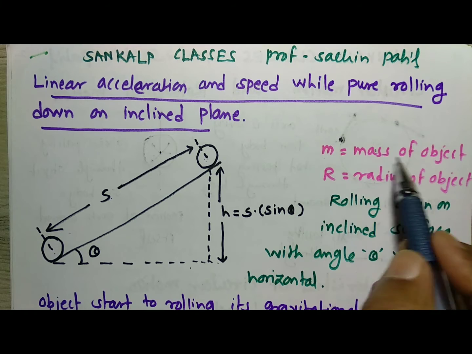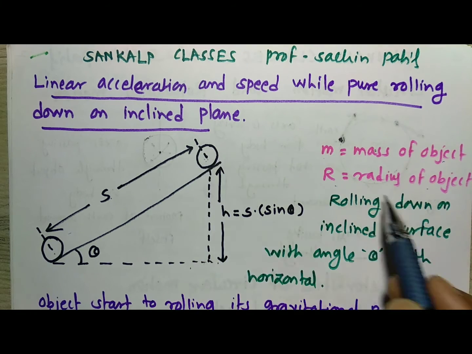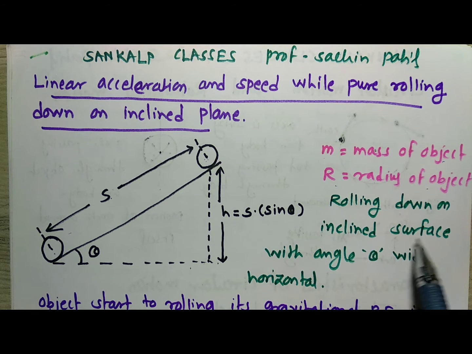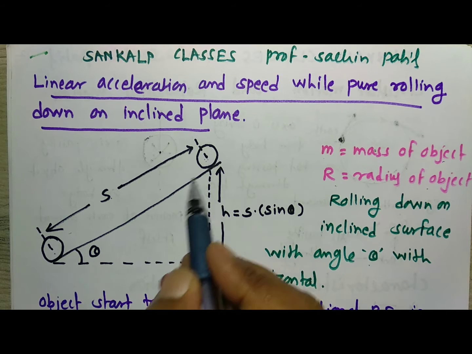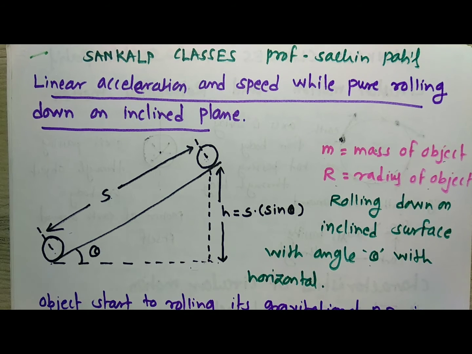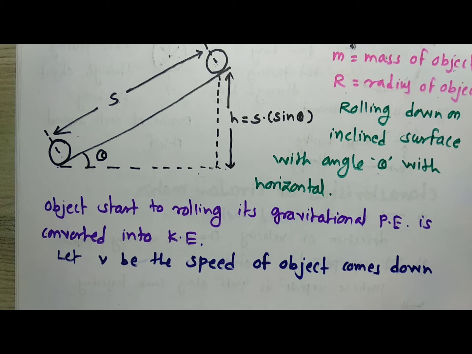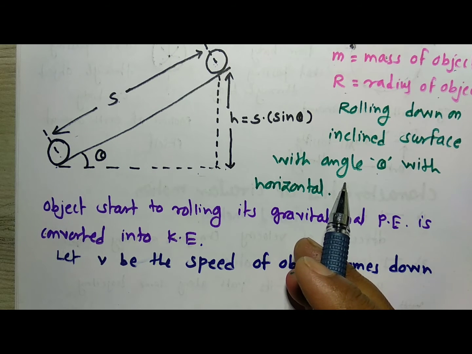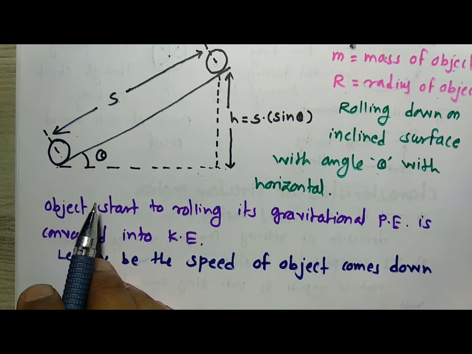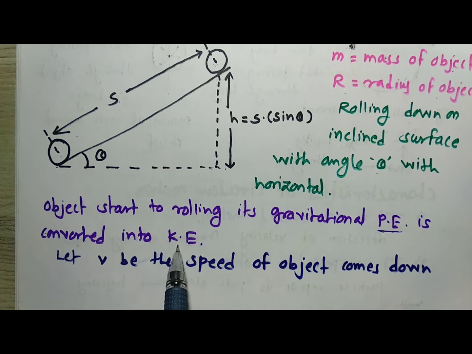Let m be the mass of the object and r be the radius of the object, and it is rolling down the inclined surface with angle theta. Theta is the angle the inclined surface makes with the horizontal surface, and the object starts to roll. When a body starts from rest, its gravitational potential energy is converted into kinetic energy.